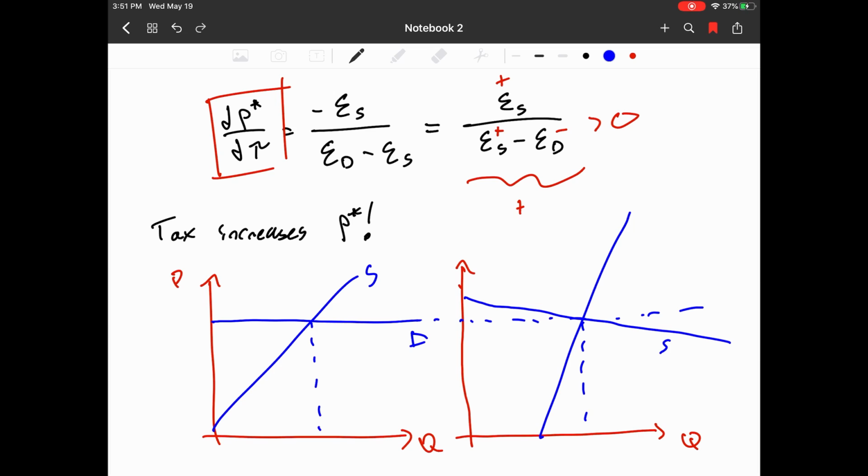Now, if you remember, when we impose the tax wedge, we slide it in from the left.